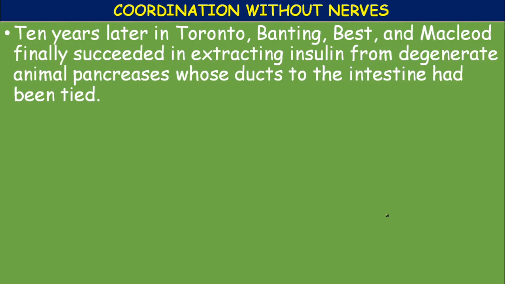So 10 years later in Toronto, Banting, Best and MacLeod finally succeeded in extracting the insulin from degenerate animal pancreases whose ducts to the intestine had been tied.